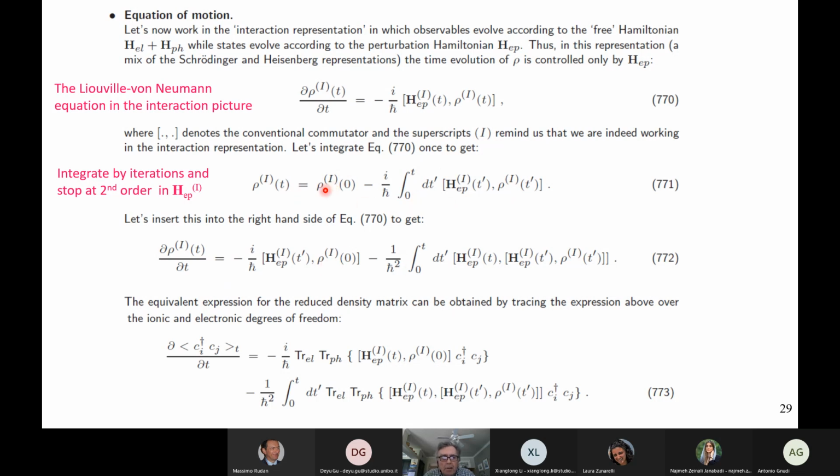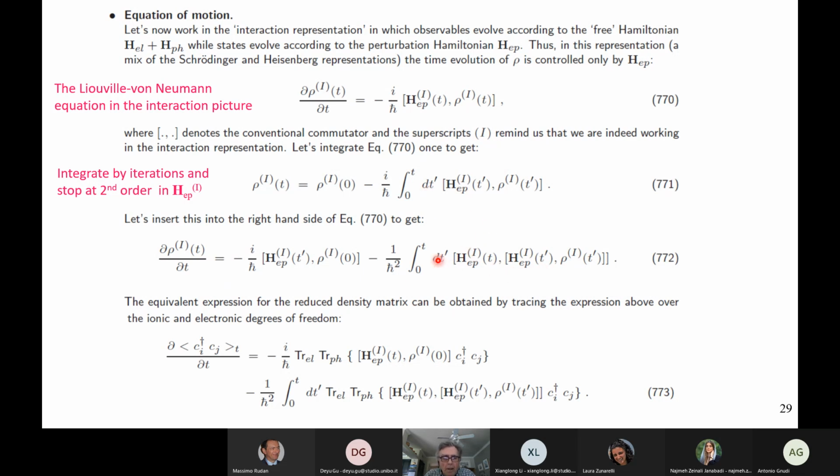So in here, I have the rho of 0. If I put it in here, I have the rho 0 commutator with the electron-phonon Hamiltonian, and then I have the integral over this thing, which is a commutator of the electron-phonon Hamiltonian with this commutator over here. And I'm integrating over all t prime.